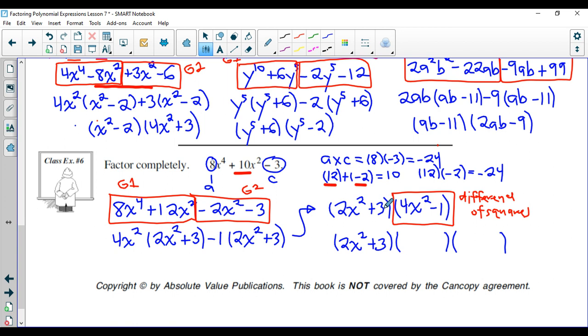The square root of 4x squared is 2x. The second term in each binomial is the square root of 1, which is just 1. One of these is going to be minus, and one is going to be plus. So you have 2x squared plus 3, 2x minus 1, 2x plus 1. Let's go to the last page, and we'll deal with some more complicated difference of squares problems.